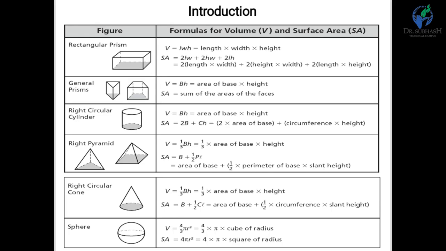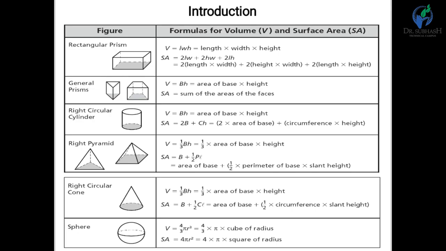Next thing is a right circular cylinder. V is equal to B into H, which is area of base into height. Next thing is a right pyramid. The pyramid has 4 sides on the vertical plane and its base is square.